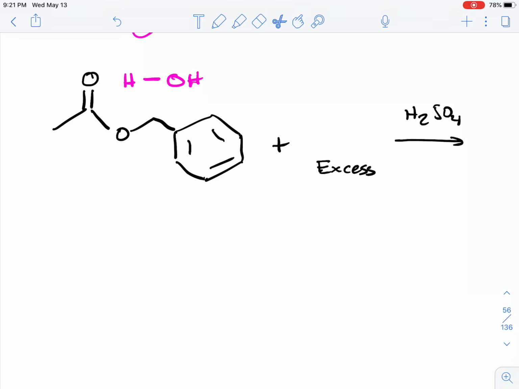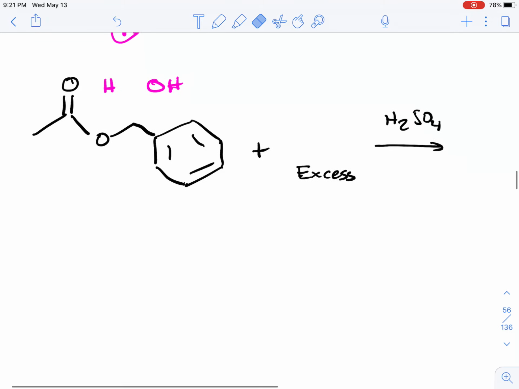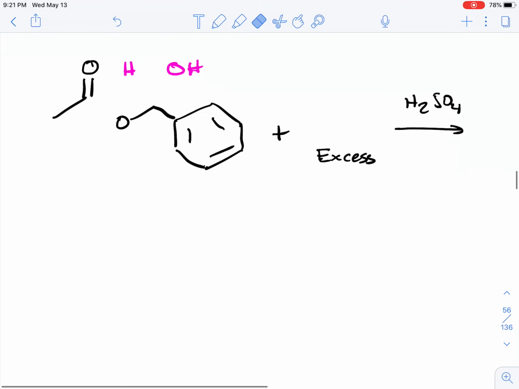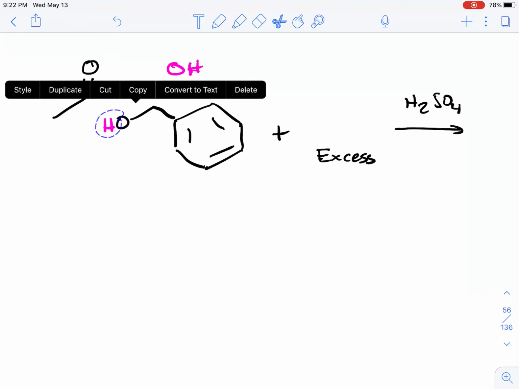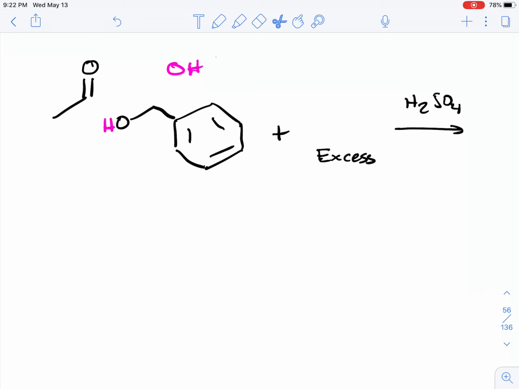All right, so what's going to happen is that the covalent bond is going to break between hydrogen and OH in water, and that covalent bond is also going to break between the carbonyl carbon and that of the ester oxygen. And so a new bond is going to form such that this hydrogen is going to go with this oxygen, and this OH from water is going to form a new covalent bond to the carbonyl carbon.